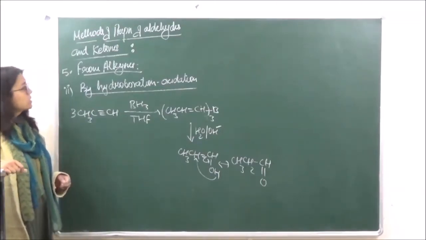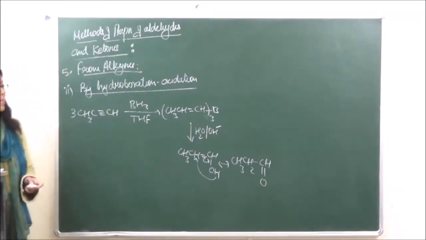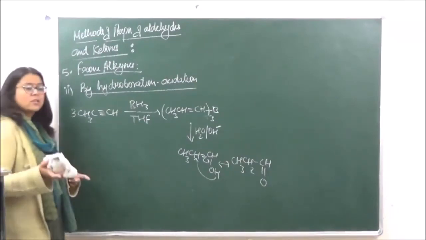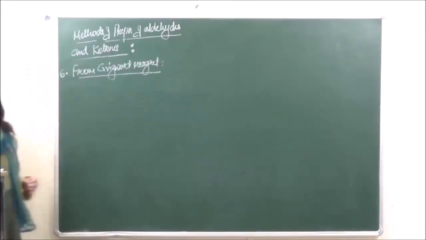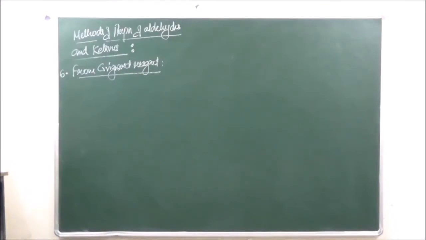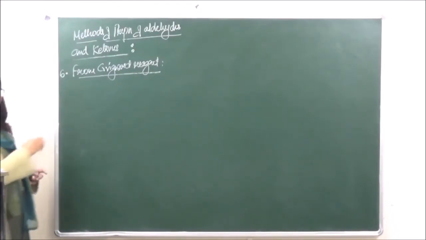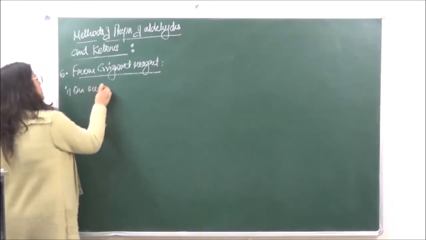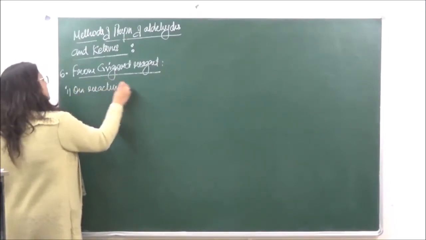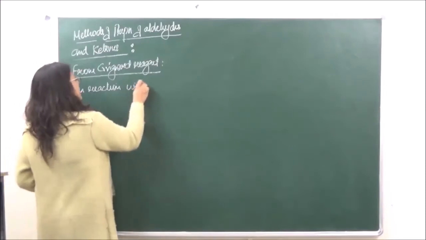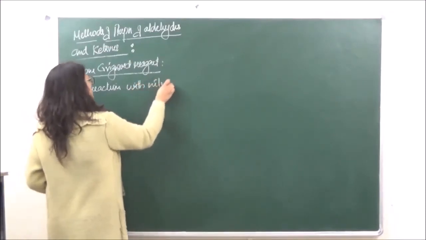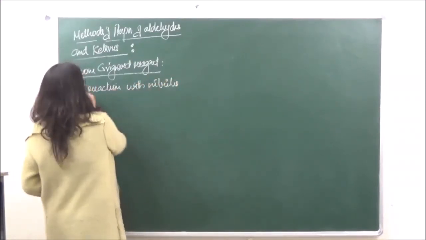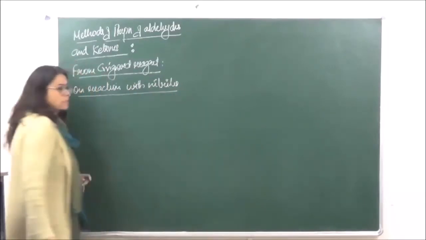Then the next reaction, sixth reaction, is from Grignard reagent. This reaction we've also already done in alcohols, from Grignard reagent. Now, the first reaction we are going to do over here is on reaction with nitriles.